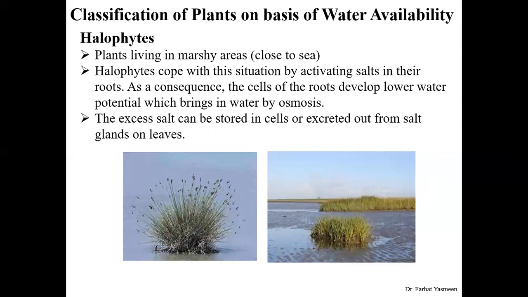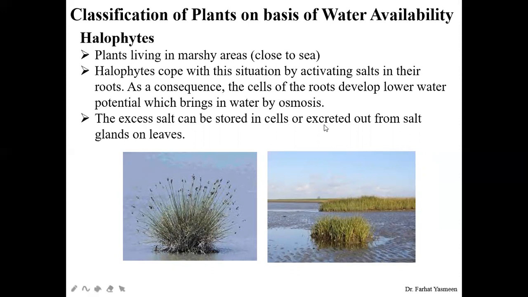Halophytes cope with these situations by accumulating salt in their roots. As a consequence, the cells of the roots develop lower water potential, which brings in water by osmosis. The excess salt can be stored in cells, or excreted out from the salt glands which are present on the leaves.